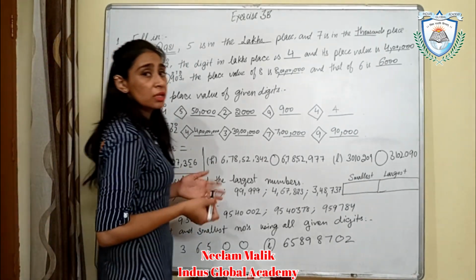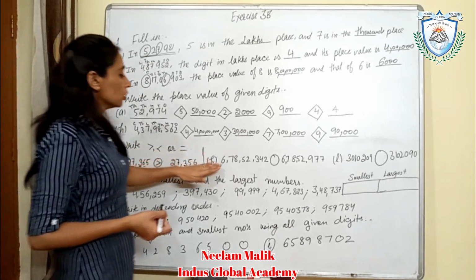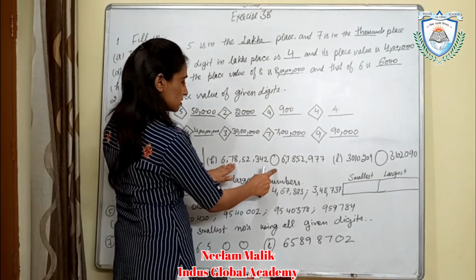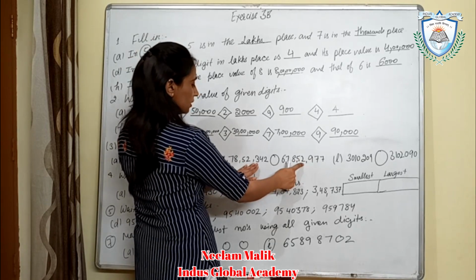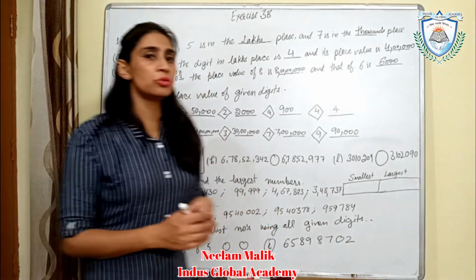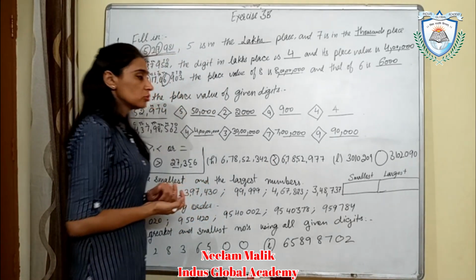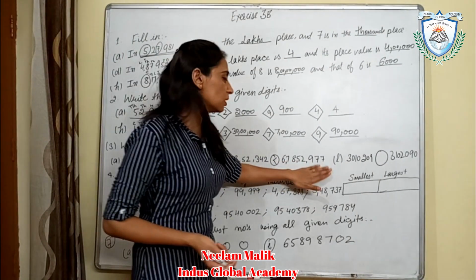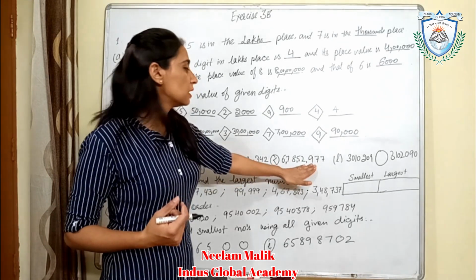So now we will do the comparison from the left hand side. 6, 6, 7, 8. 5, 2, 5, 2. Here is 3, here is 9. This is 300 and this is 900. Which one is greater? 9 is greater. So this number will be greater because at the hundreds place it contains the larger digit.